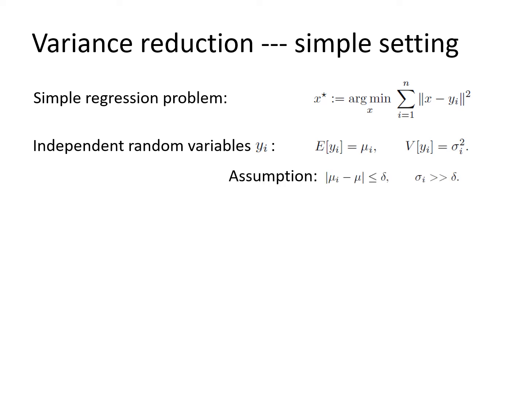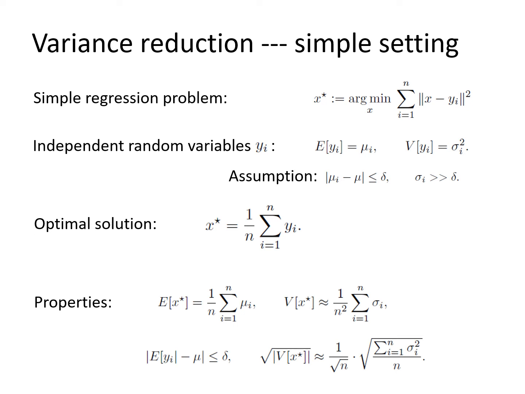It is clear that the optimal solution is simply the average among the y_i's, and x star satisfies that the bias remains similar, though this is in the worst case, but the variance is significantly reduced. The analysis is quite straightforward.